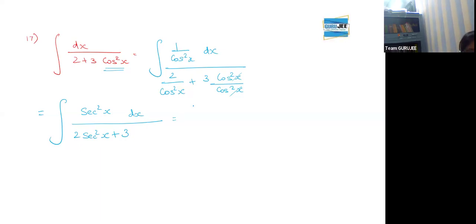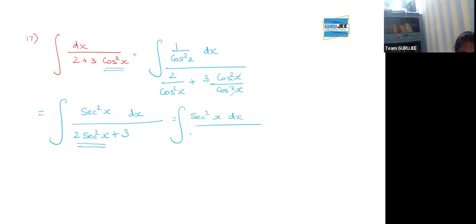What is the second step? Replace secant square x in the denominator. Correct? You have secant square in both numerator and denominator. Don't touch the one in the numerator. Just replace secant square in the denominator. After replacing, what will you get?